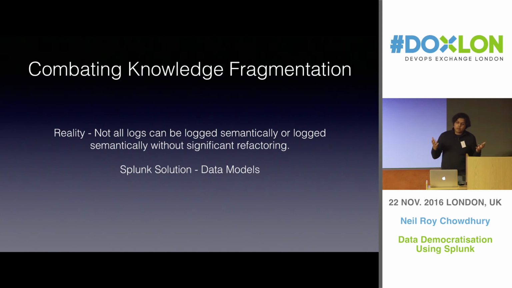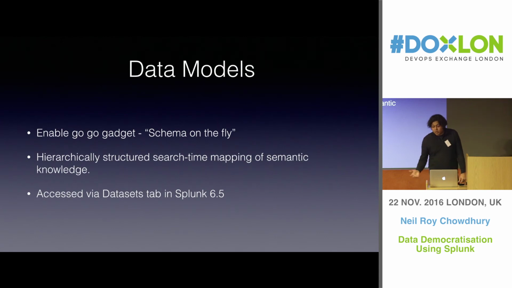But the problem with knowledge fragmentation is that not all logs can be logged semantically, or they can't be logged without significant refactoring, especially when you're dealing with your dev teams. And the Splunk solution to that is data models. Data models is a go-go gadget, a schema on the fly.